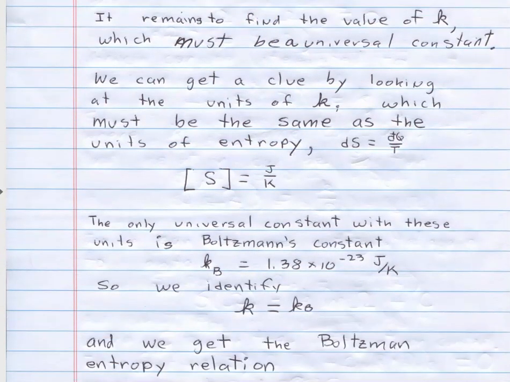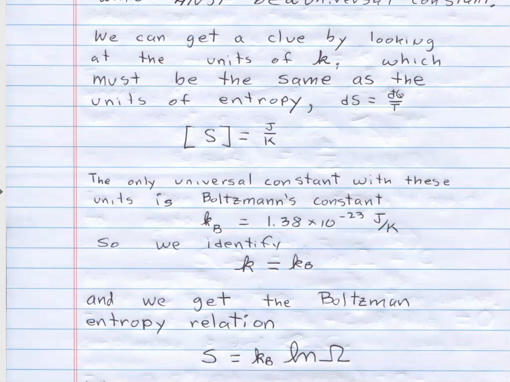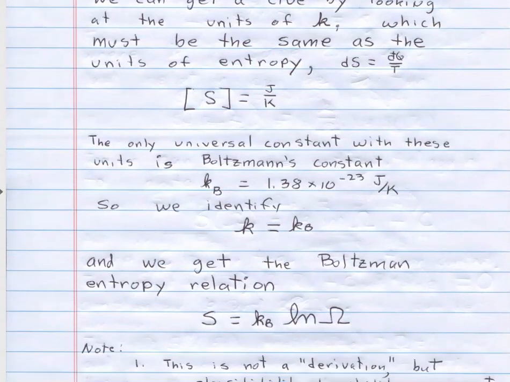Well, the only universal constant that we have that has these units is Boltzmann's constant, 1.38 times 10 to the minus 23 joule per Kelvin. And so we identify this k with the Boltzmann constant, which we've been representing in class as k sub B. And we get the Boltzmann entropy relationship.